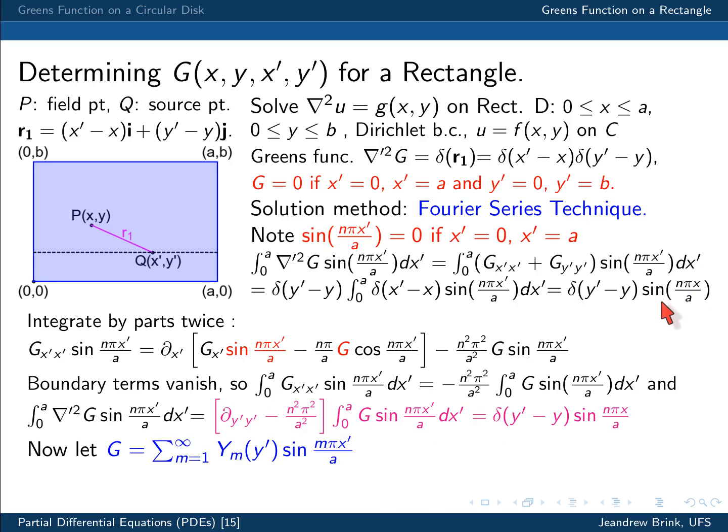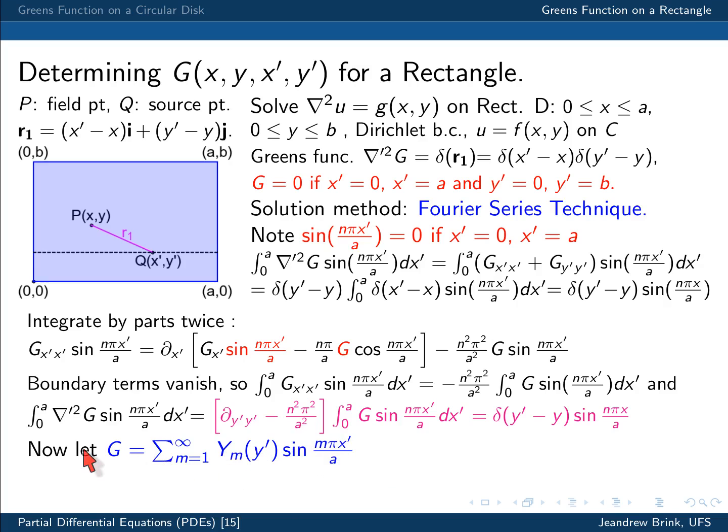Okay, so the next step is to let g be equal to an expansion. Okay, and this is what I meant by this type of thing is valid in any function where you can separate out the parts of the solution.